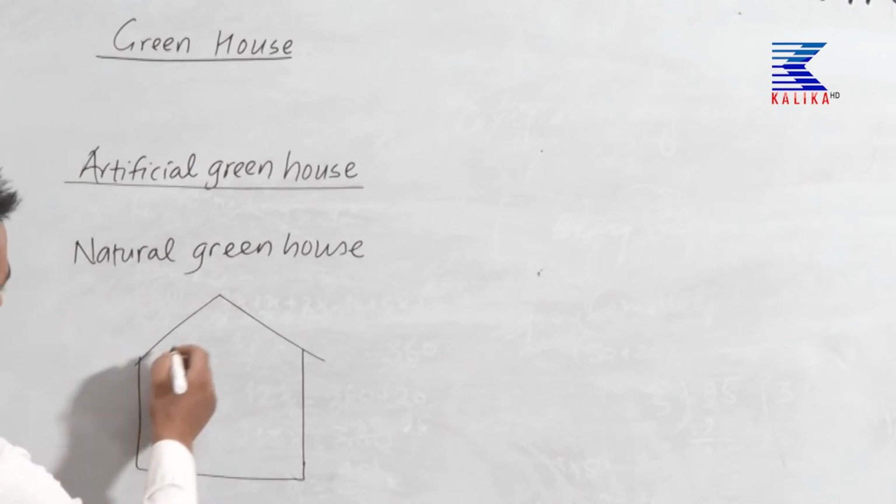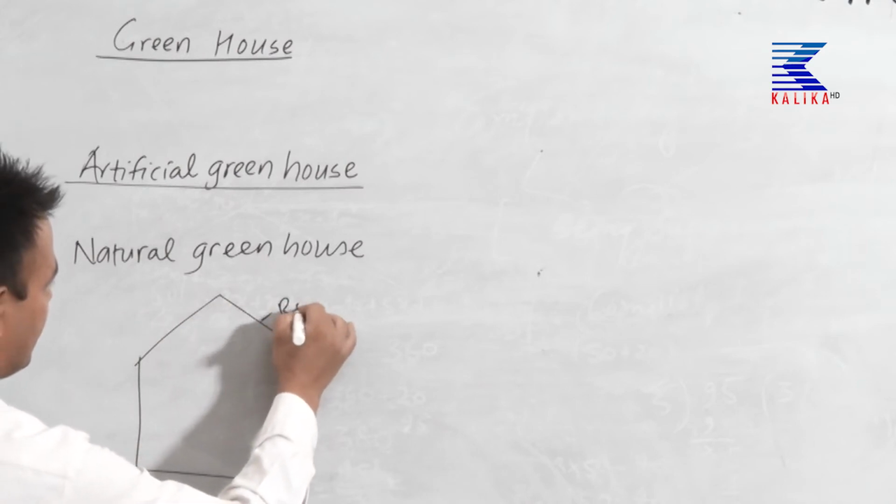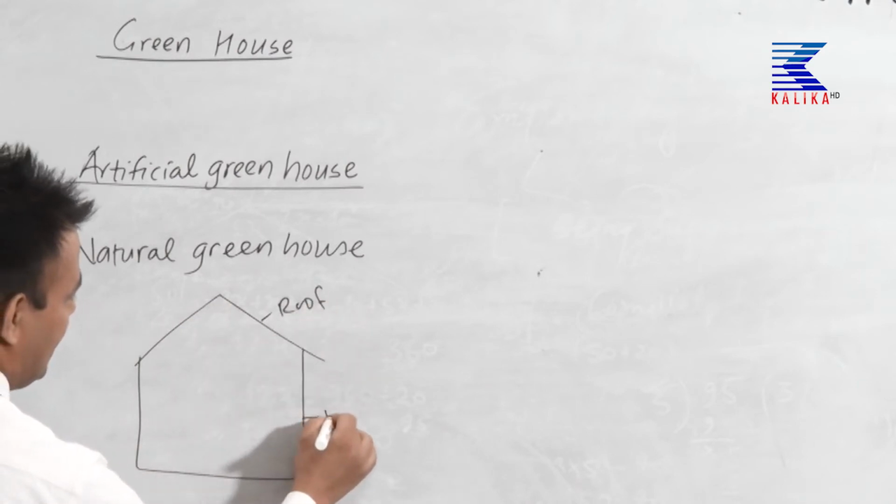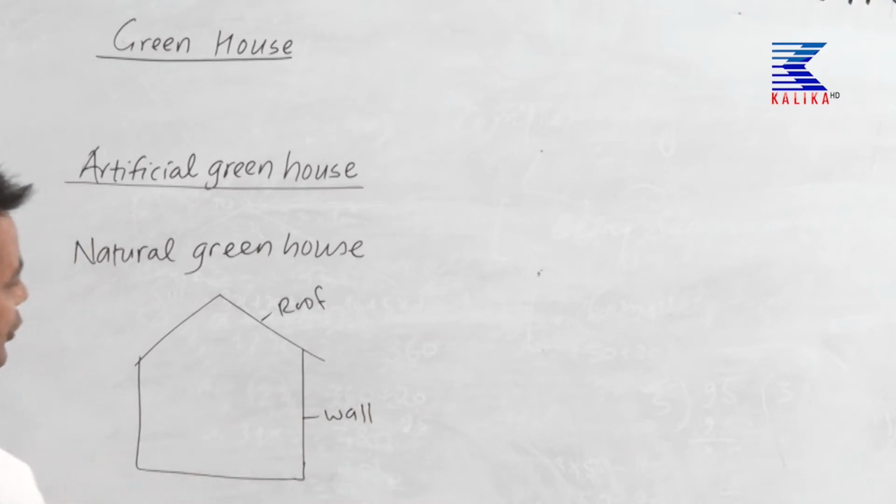Okay. So this is the roof. This is the wall. The wall or roof made up of glass or transparent plastic. If the project is for the long run, they make the greenhouse of glass.